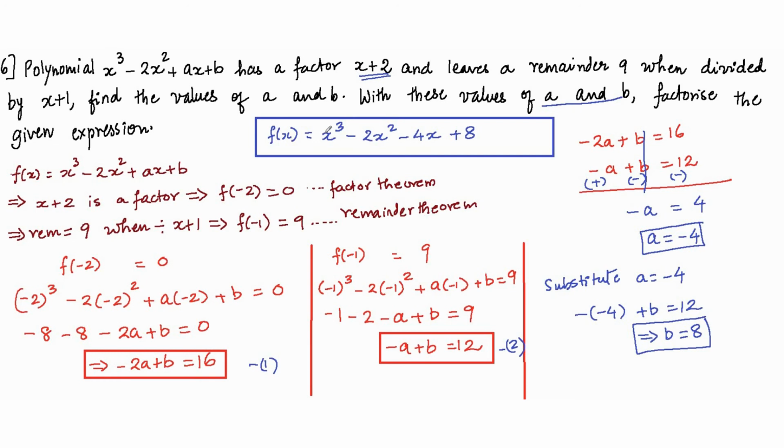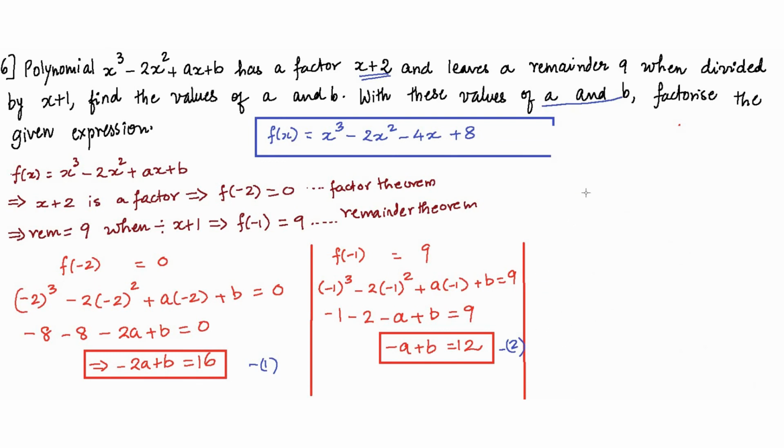Okay, so now let's perform long division on this particular polynomial to factorize the given expression. So let me make some space. So to find the other factors, let us take the polynomial, which is x cube minus 2x square minus 4x plus 8 and divided by x plus 2, right?